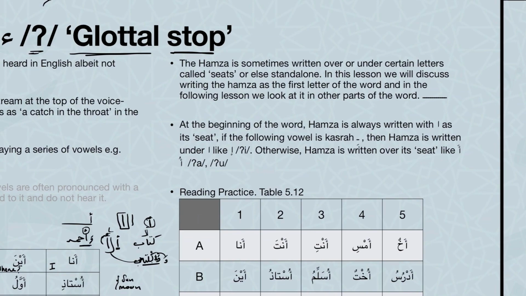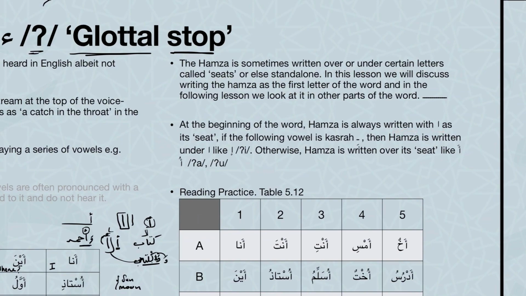Anyways, let's continue looking at the hamza. Here, we're saying that sometimes it's written over or under certain letters called seats, or standalone. In this lesson, we will discuss writing the hamza at the first letter of the word, and in the following lesson, we will look at the other parts of the word. At the beginning of a word, the hamza is always written on an alif, of course, as its seat.